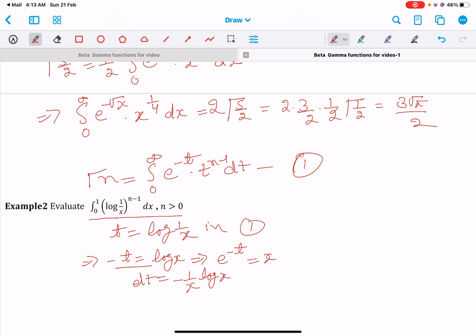Also, when t tends to 0, x will tend to 1, and when t tends to infinity, x will tend to 0.